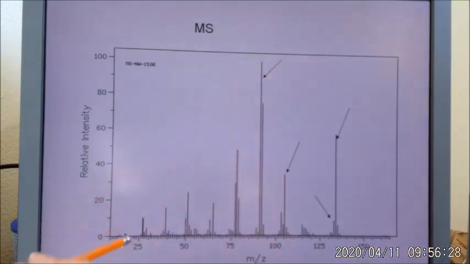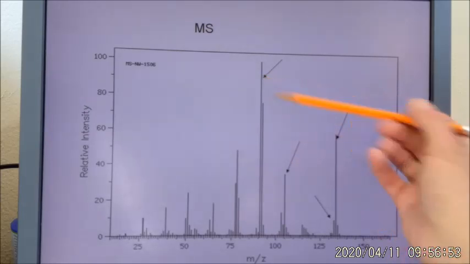Okay, so right now what I have is I know I have an aldehyde. I know I have a CH2, and I know I have a benzene. Okay, so if we calculate the mass there, that's going to be 77, plus my CH2.